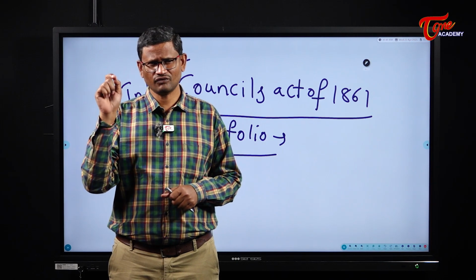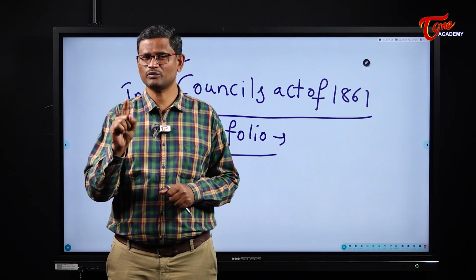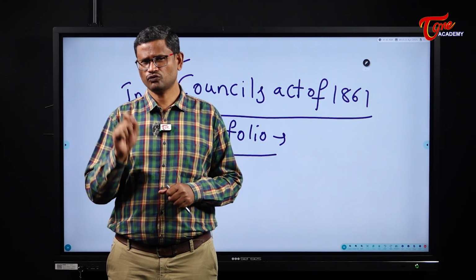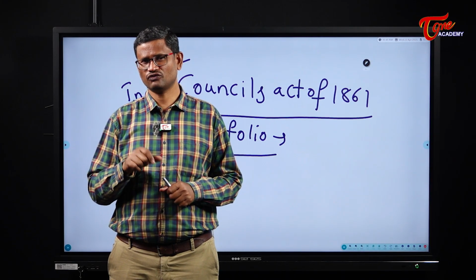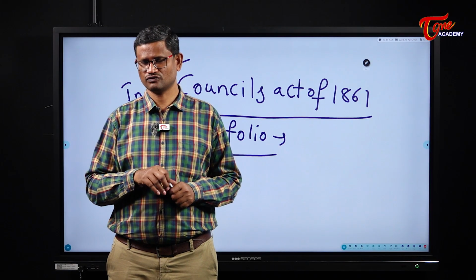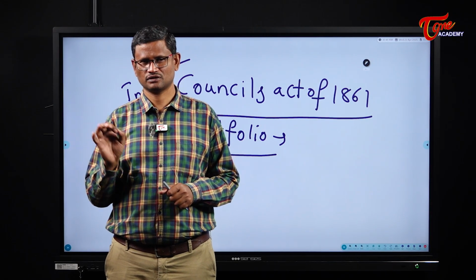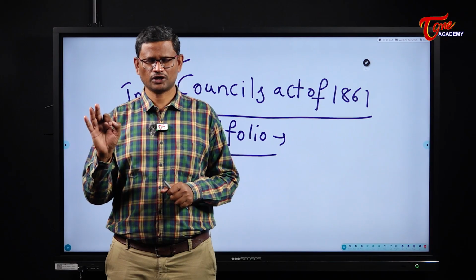This is again very important because it laid the foundations for the modern cabinet system of government. The portfolio system, which was given legal recognition through the Indian Councils Act of 1861, was the basis for today's cabinet system of government. We say that India has parliamentary democracy today.